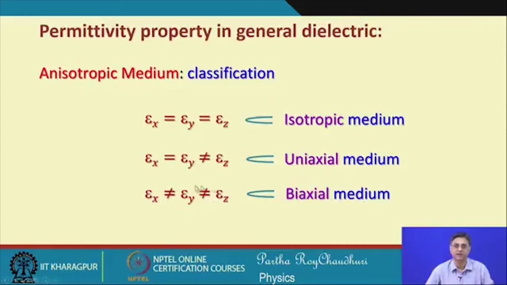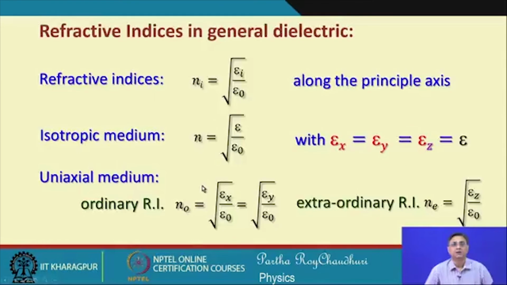That means, in a biaxial medium, the refractive indices or the permittivity seen by the wave will be all different in all three mutually orthogonal directions. So, the refractive indices we can write in this form: n_i is equal to the square root of epsilon_i over epsilon 0, where this is the permittivity and this is the free space permittivity.